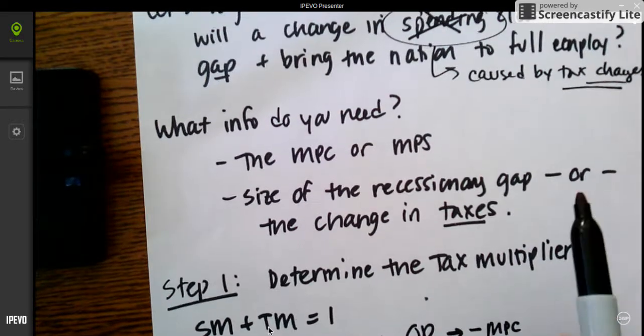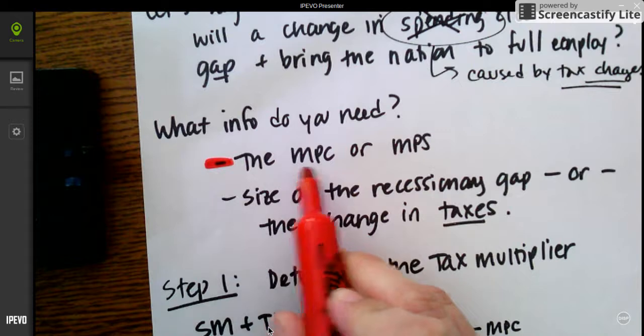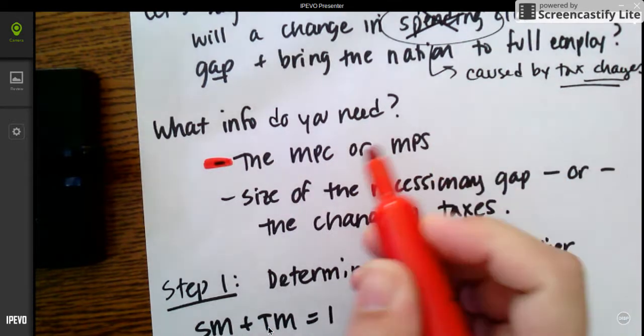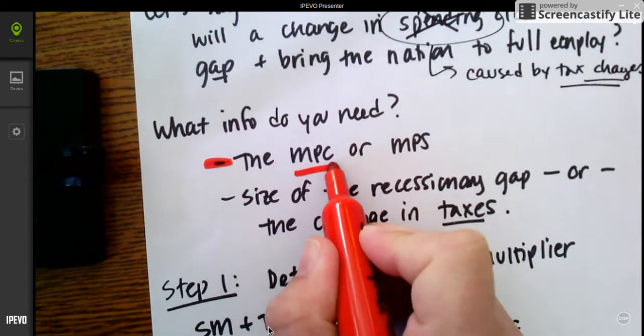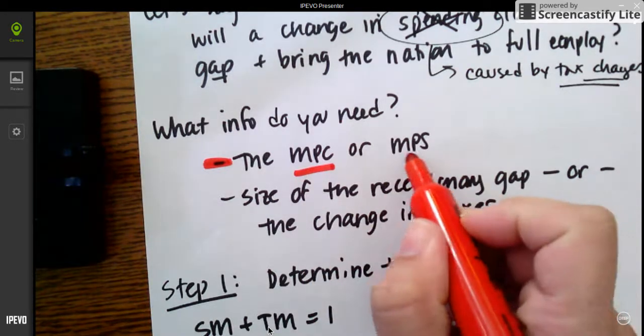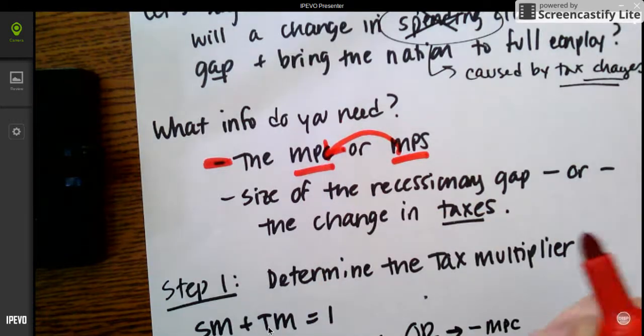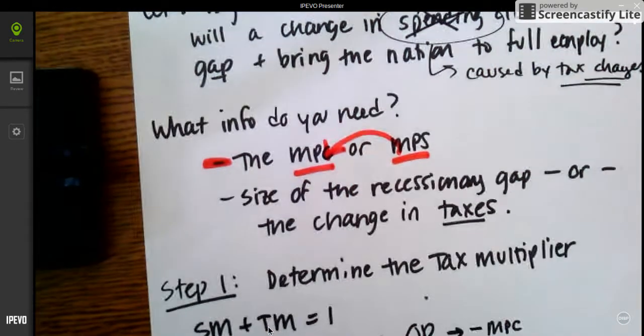Okay, so what info do you need? Just like with the spending multiplier, you need to know a country's MPC or the MPS. Remember what I told you before. You're most often going to be given the MPC or the MPS, and then you're going to have to solve for the MPC. So they like to give you two steps.